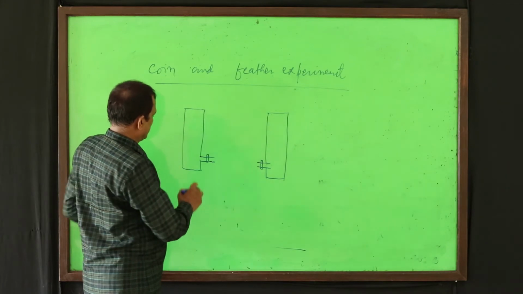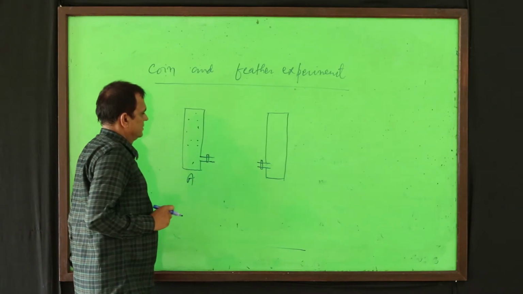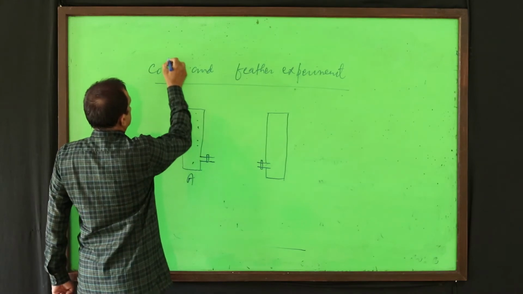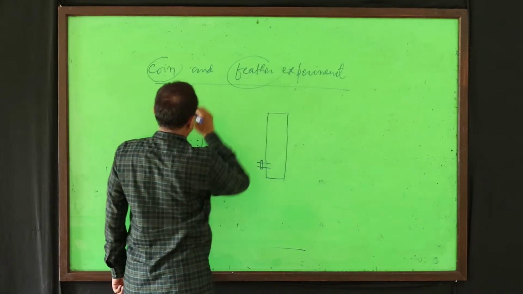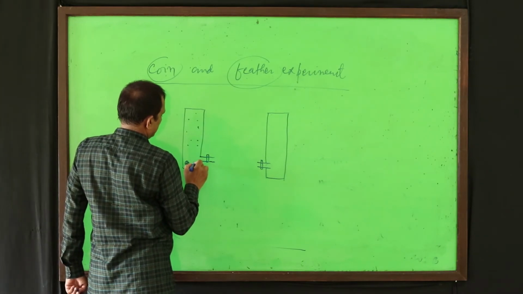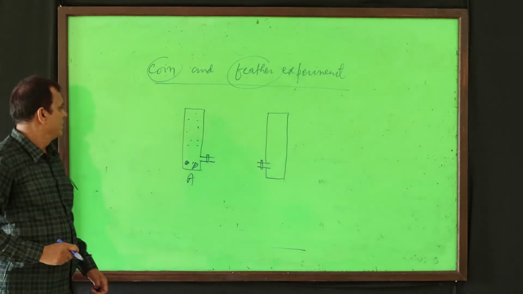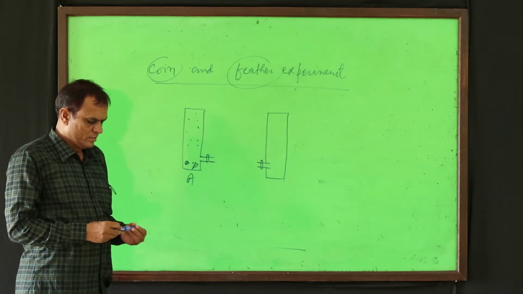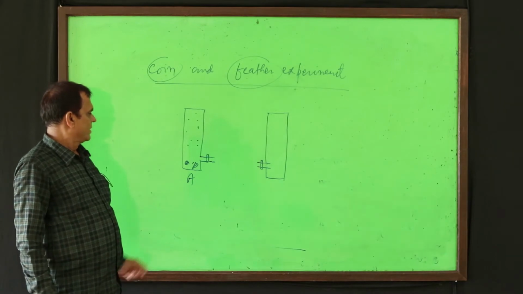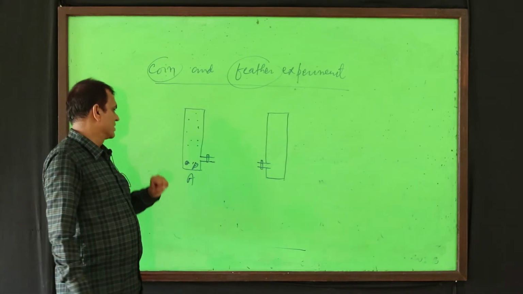One, this test tube A, contains air inside, and when we keep two things here, coin and feather, and invert the test tube, when we observe it, we get that the coin falls faster than the feather.